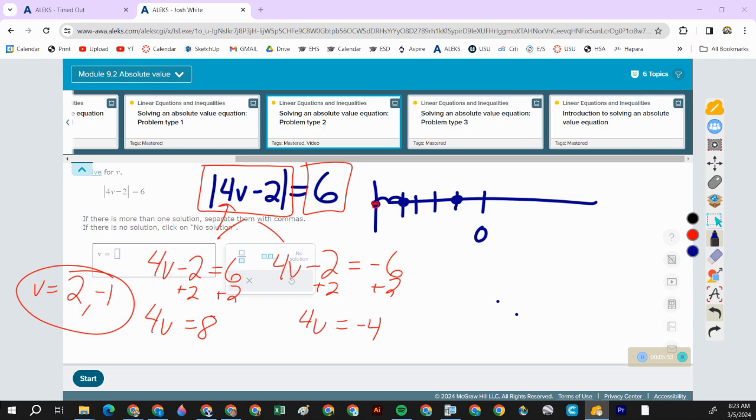Yes. Okay, let's try positive 2. So we start at positive 2, times it by 4, right there, and then subtract 2. Is that number, right here, 6 units away from 0? Yes, it is.